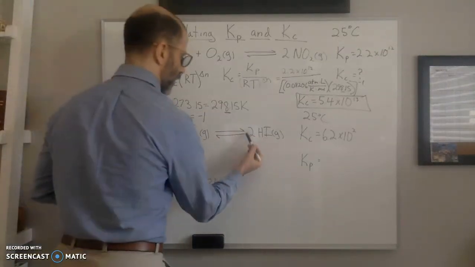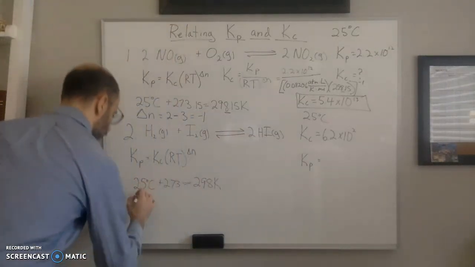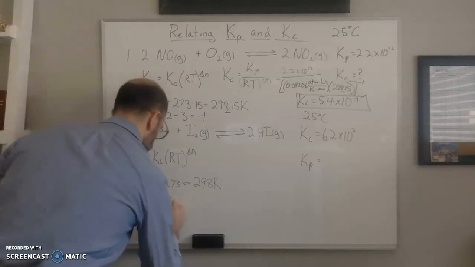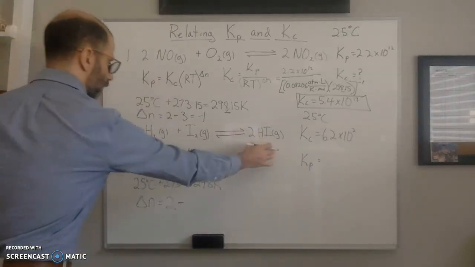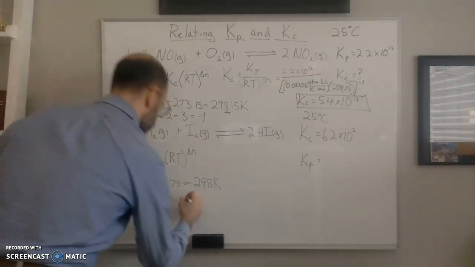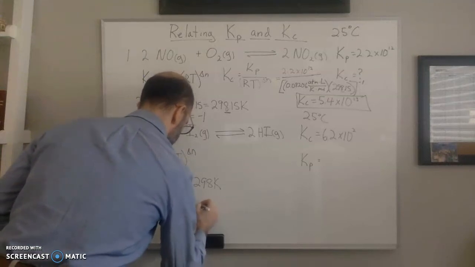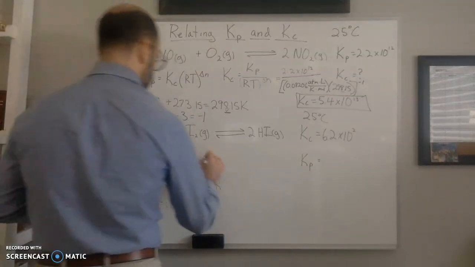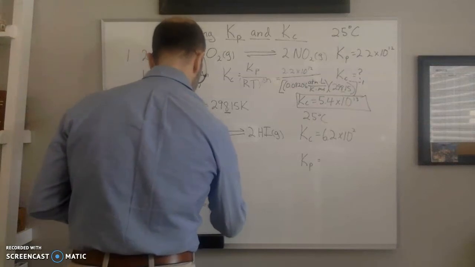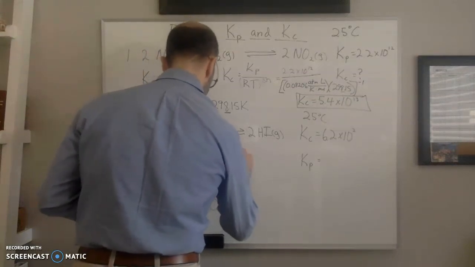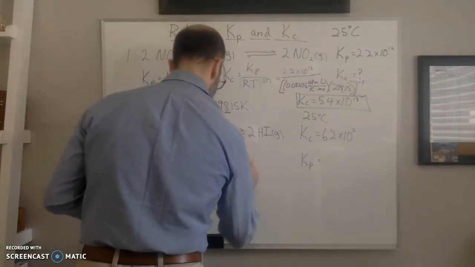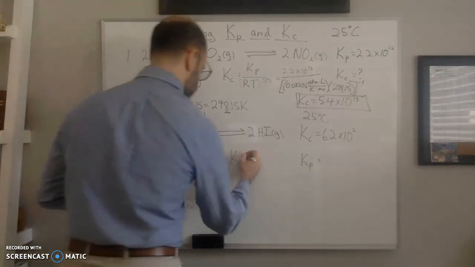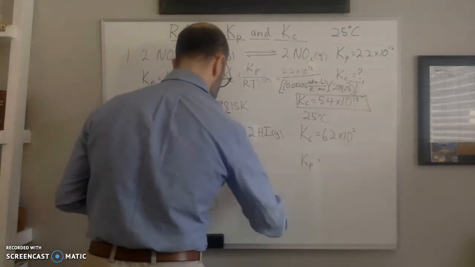Okay, our delta n is moles of the products minus moles of the reactants. So here we have 2 moles. So our delta n is going to be equal to 2 moles of our products minus 2 moles of our reactants, which is equal to 0. So then Kp is equal to Kc, because this is 0, right?